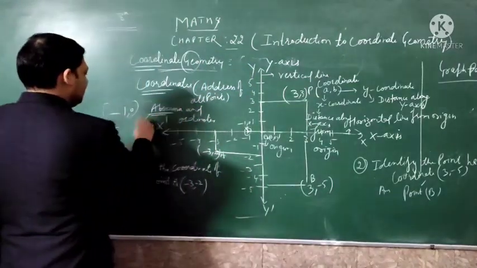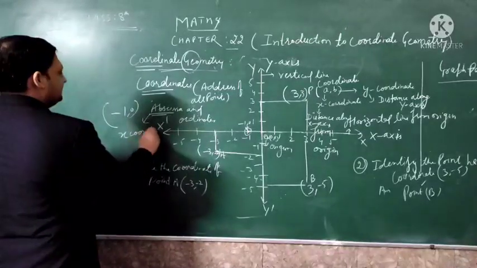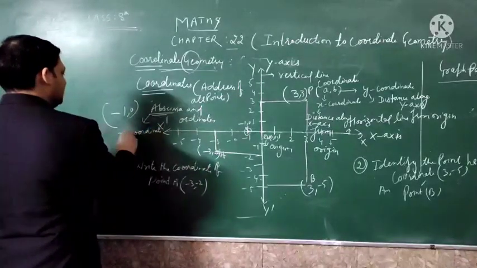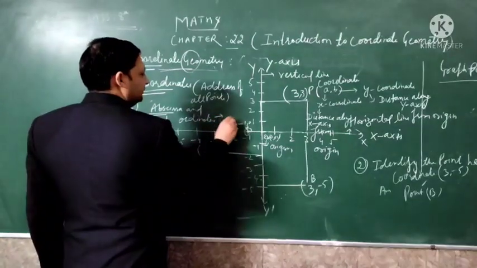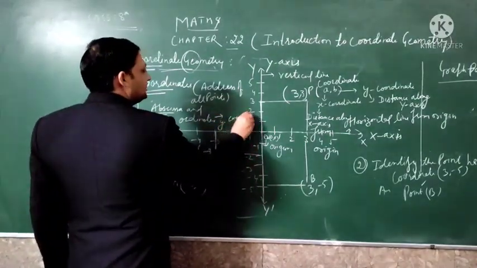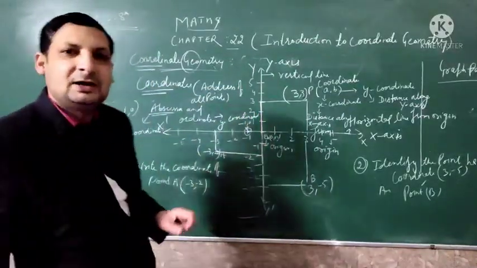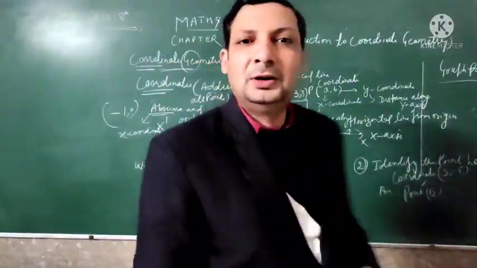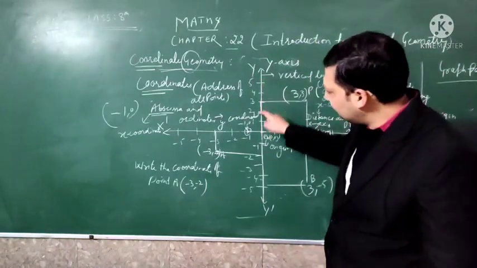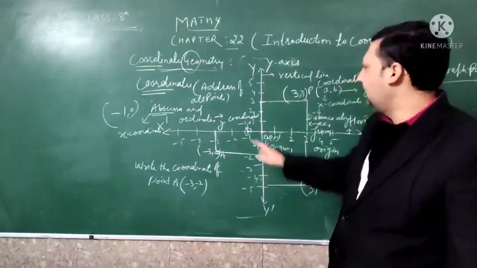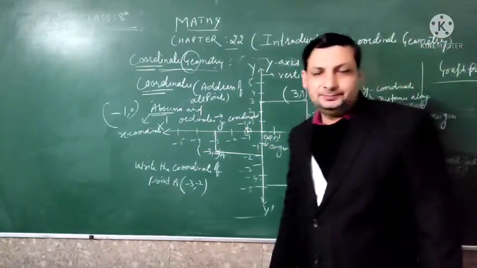In other words, we can say that abscissa is x coordinate, and ordinate is y coordinate. In simple words you can say that x coordinate is called abscissa and y coordinate is called ordinate. Means all these numbers which I have written on the y-axis, these are the ordinates, and these numbers on the x-axis, that is called abscissa.